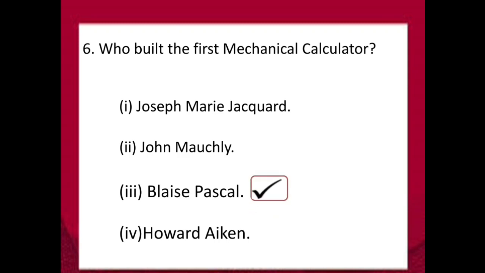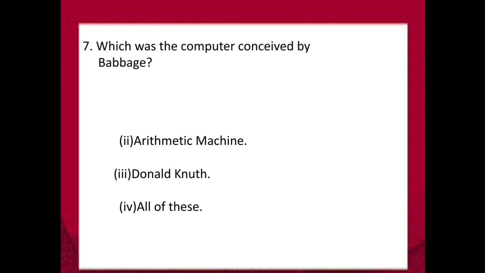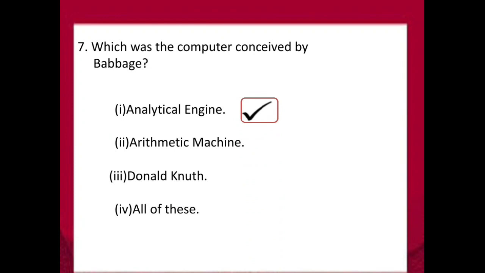Basil Pascal invented the first mechanical calculator. The next one: which computer was conceived by Babbage? The analytical engine. So Charles Babbage invented the analytical engine machine.